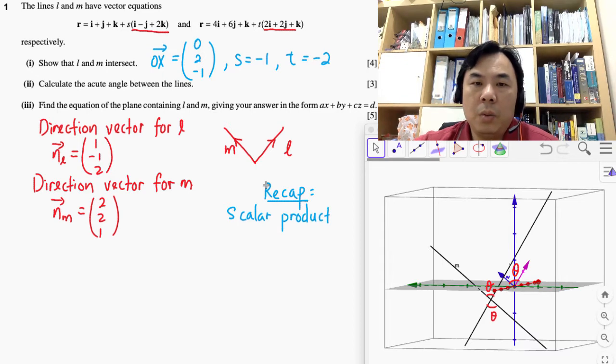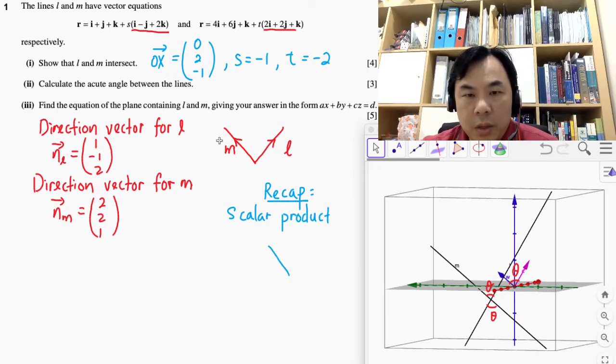Let's assume this is the direction vector. Maybe I'll redraw that again. In our case it will be NM here, and this one will be NL.